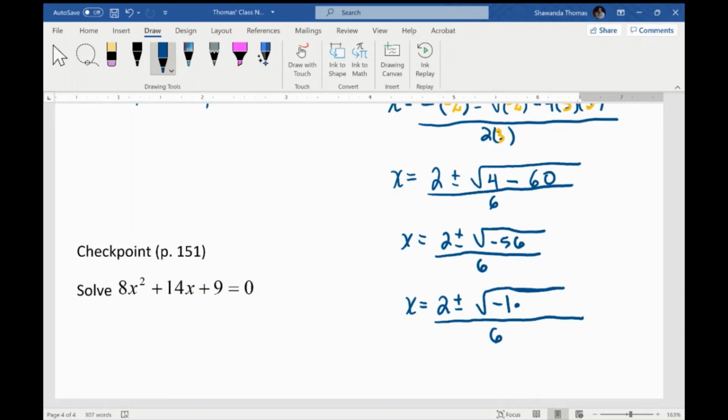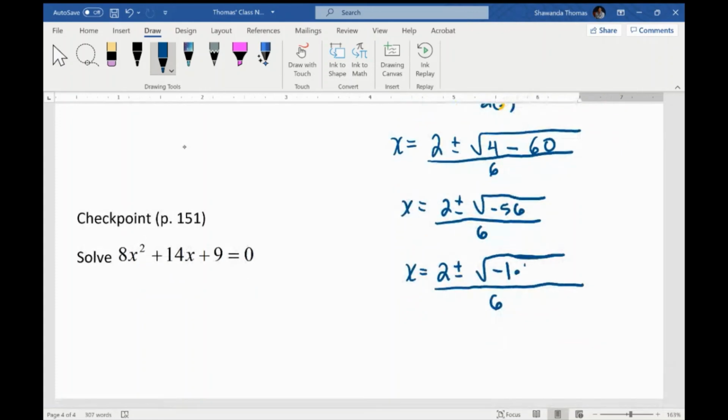4. All right. 2 is not a perfect square. So what are the perfect squares? Starting with 1, maybe we need to review this. 1. What's the next perfect square? 4. Next? 9. Next? 16.